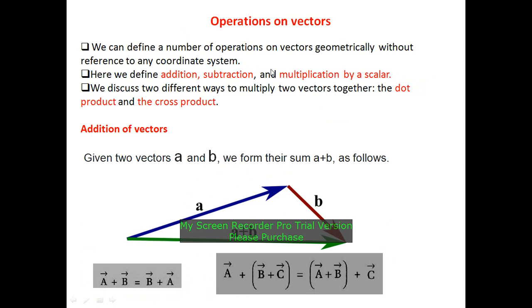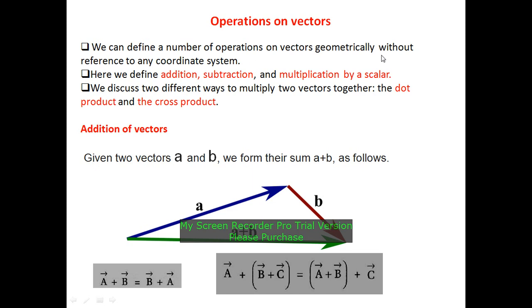Now, operations on vectors. There are many uses of vector algebra actually. First of all, here I discuss addition, subtraction and multiplication by a scalar. By scalar, that means we are not considering here any geometrical representation or geometrical reference points.